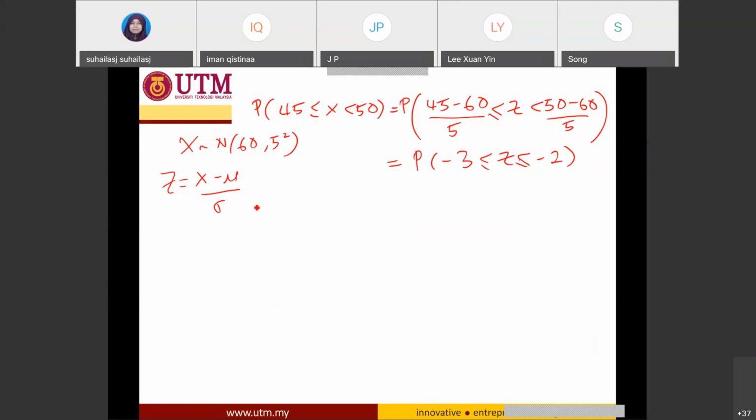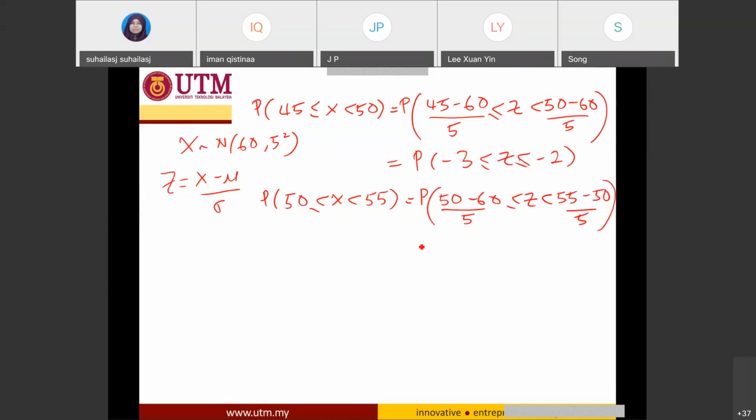The next step, you have the next range 50 to 55. We repeat the same thing: 50 less than or equal to X less than 55. We standardize: 50 minus 60 divided by 5 less than Z less than 55 minus 60 divided by 5.